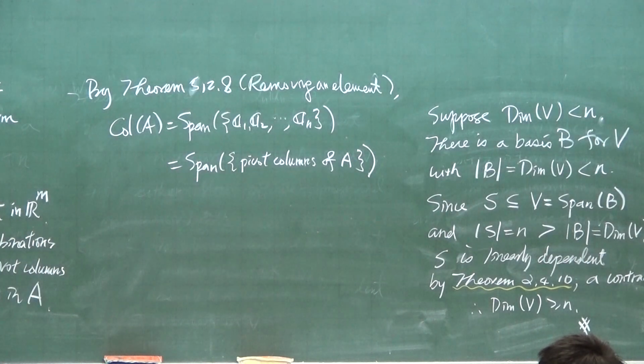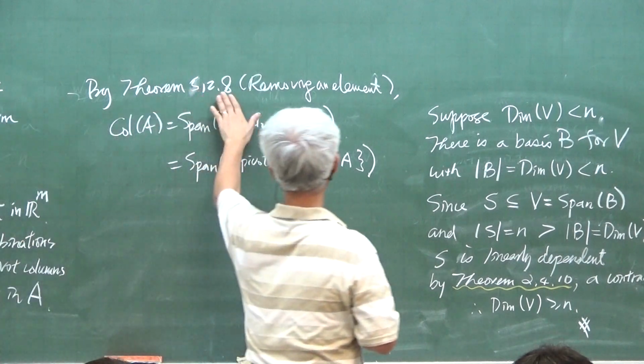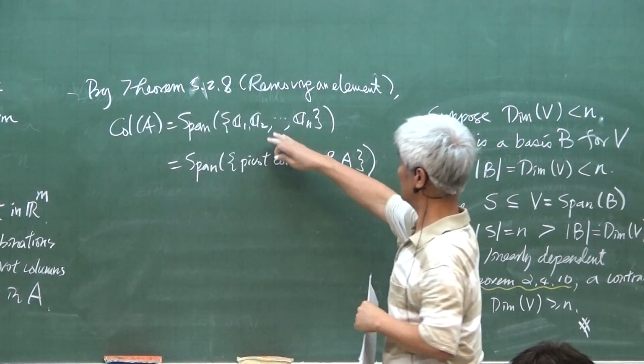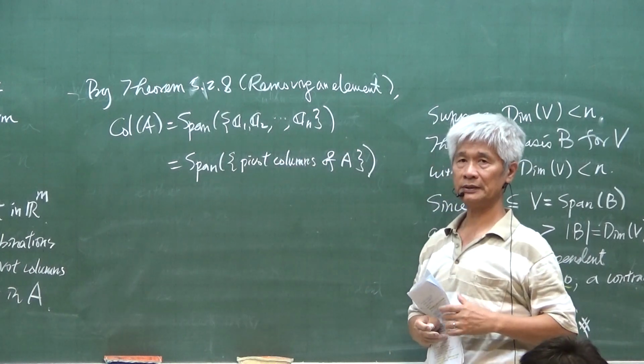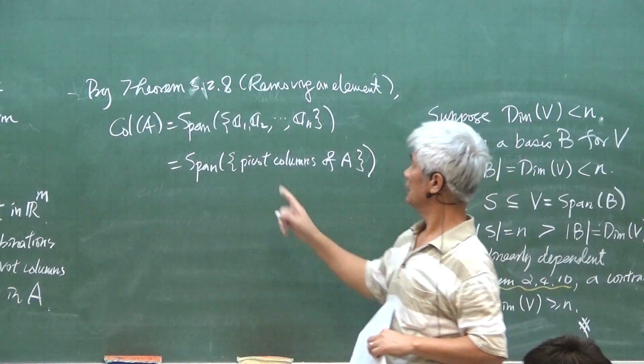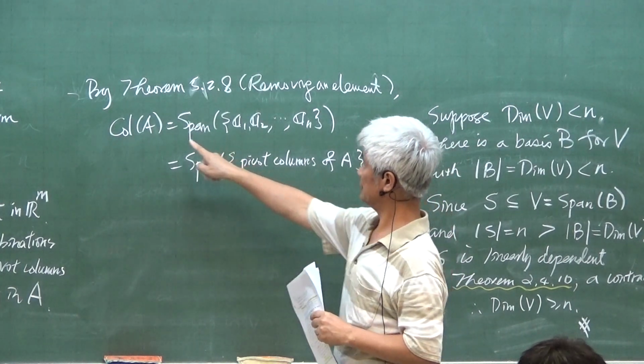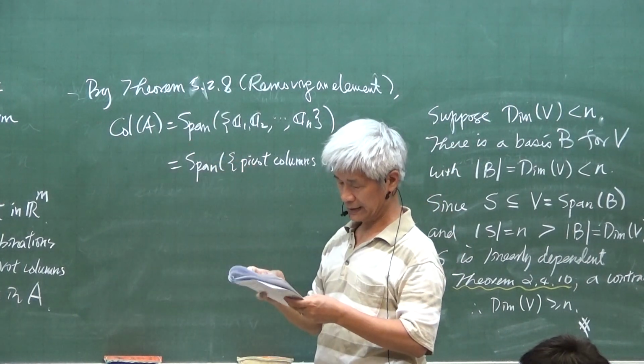Because every non-pivot column is a linear combination of pivot columns, so they can be removed from the spanning set one by one. Alright, so by theorem 5.2.8, we can remove non-pivot columns and find a set that is still a spanning set.